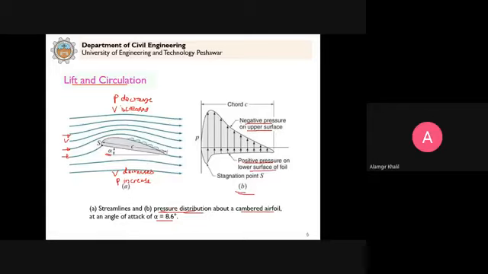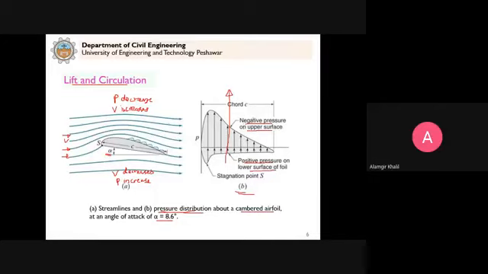We already studied that flow occurs from high energy area to low energy area. Clear? Because we have high pressure at the lower surface and low pressure at the upper surface, there will be a tendency that a net force will be created in the upward direction.